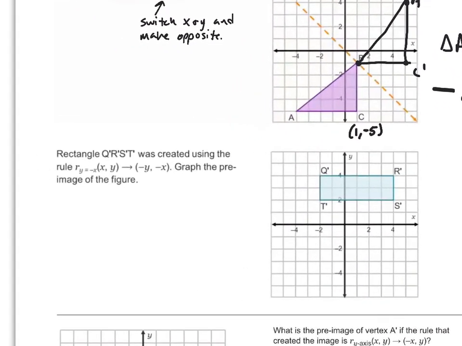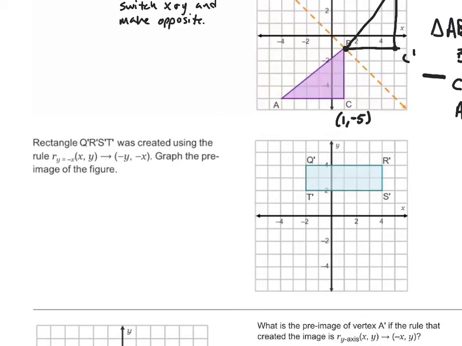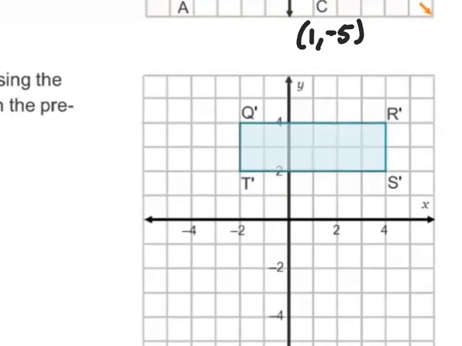Let's do the same thing here. Rectangle Q prime, R prime, S prime, T prime was created using the rule: reflection over the line y equals negative x of (x, y) gives us (negative y, negative x). So what we want to do is graph the pre-image of the figure. The first thing I want to do is come in here and draw in our line of reflection. That's going to start here at my origin, with a slope of negative 1 all the way down.